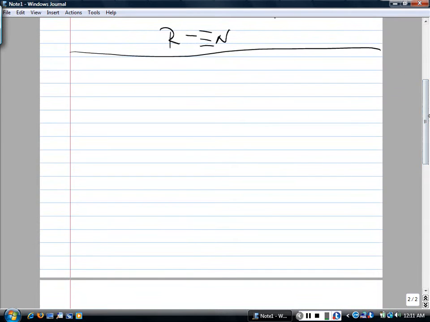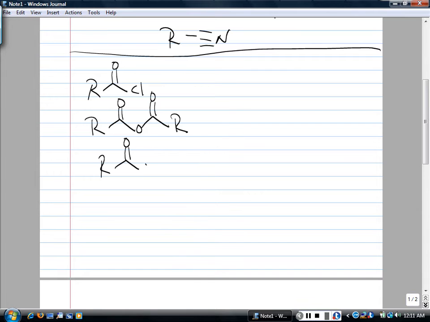And one of the first points we're going to make is to look at the relative reactivities of the carboxylic acids and the derivatives. It turns out that the most reactive of the family would be the acid halides, followed by the anhydrides, followed by the carboxylic acids, followed by the ester, followed by the amide.